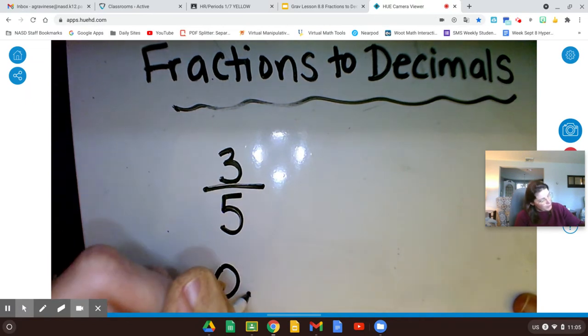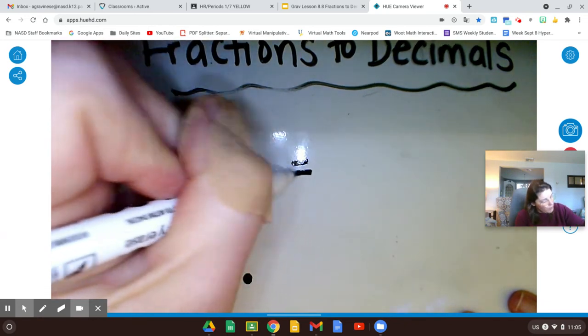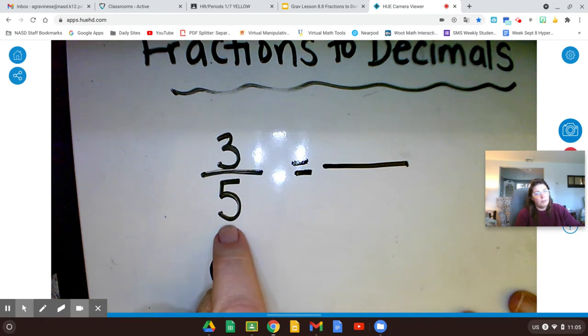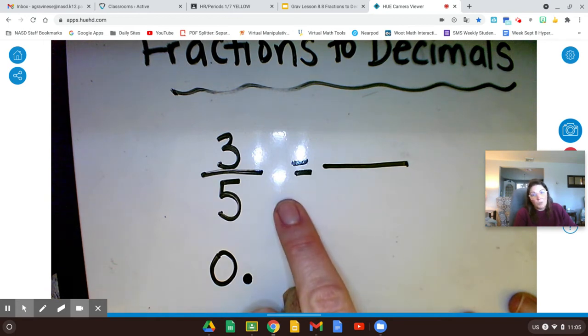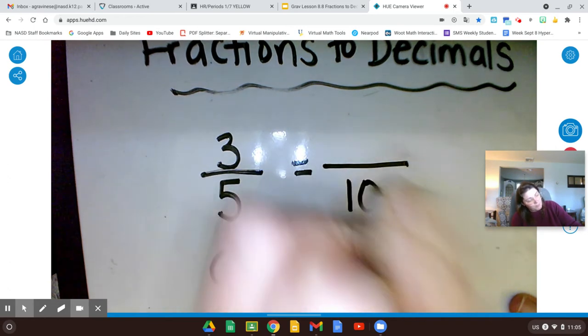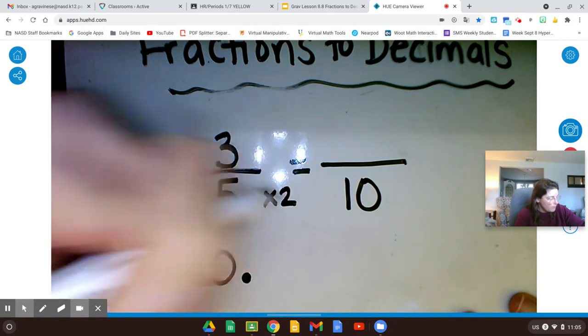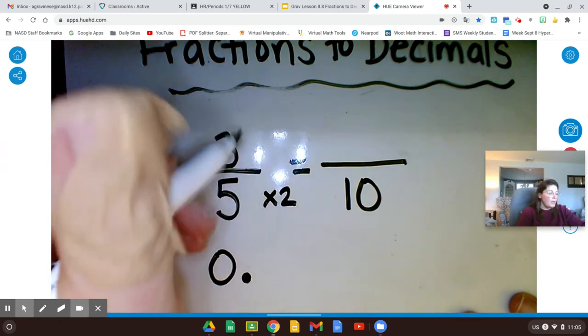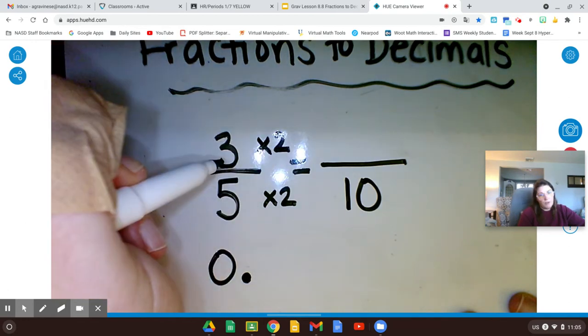Remember, we're always trying to get decimal place value, tenths or hundredths. So I want to think of what I can multiply my denominator by to get to either 10 or 100, whatever one works. And I have to multiply it by a whole number. So I can do 5 times a whole number and get 10. 5 times 2 equals 10. And then I need to do the same thing to my numerator. I have to multiply that by 2 as well.